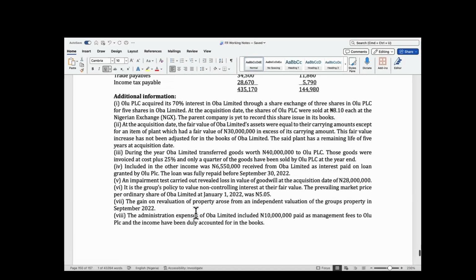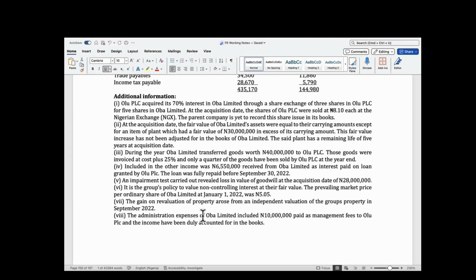So finally, the admin expense of Oba included 10 million paid as management fee to Olu PLC, and the income has been duly accounted for in the books. So this will be cancelled out on consolidation as well.